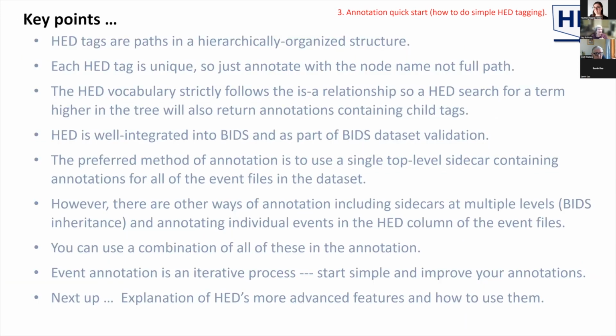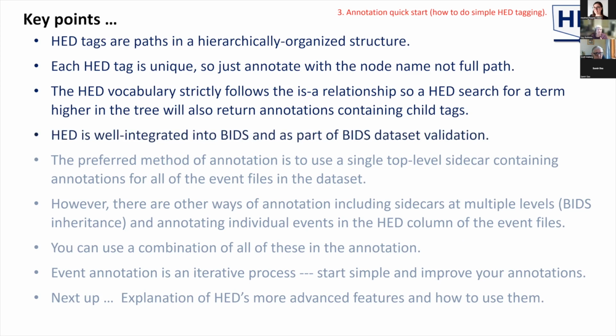Okay, so here are the key points that we've covered so far. HED tags are paths. They're in a hierarchical event structure. The tags are unique, and so you just want to annotate with the single node name, not the full path. The HED vocabulary follows the is-a relationship, so you can do searches for terms higher in the tree, and that will return all the tags below it in the annotation.